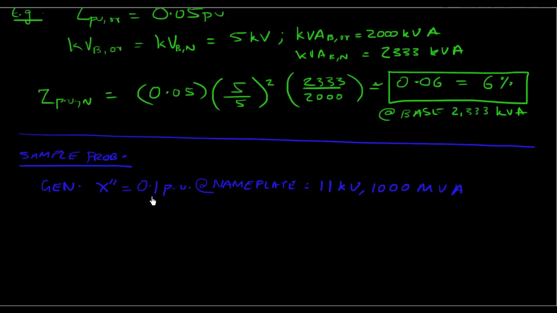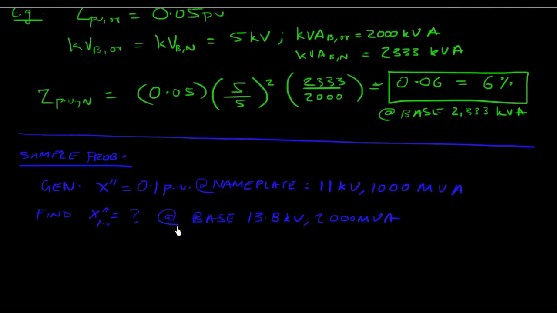So this subtransient reactance is given to you at this rating, but what you need to do is find me the subtransient reactance per unit value at a new base, because let's say the system that we are solving is being solved at a base rating of 13.8 kV and 2000 MVA, let's say, is the power base.